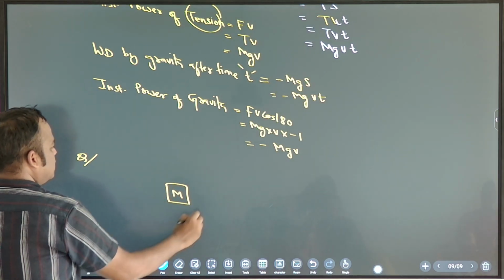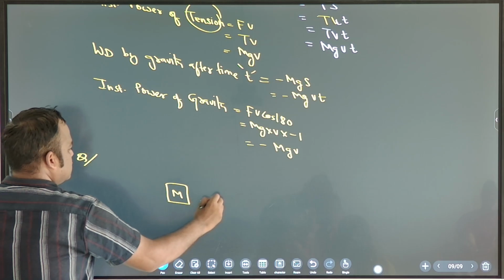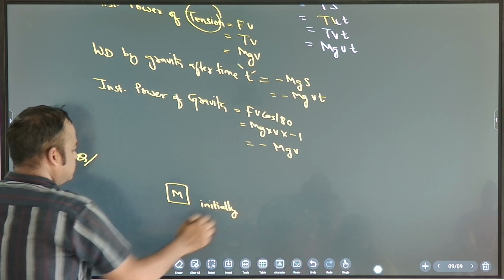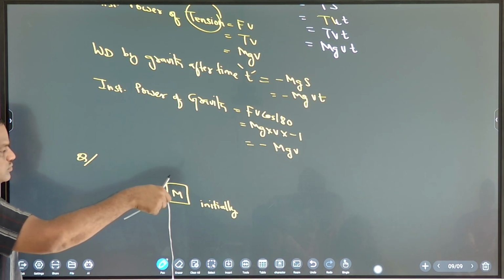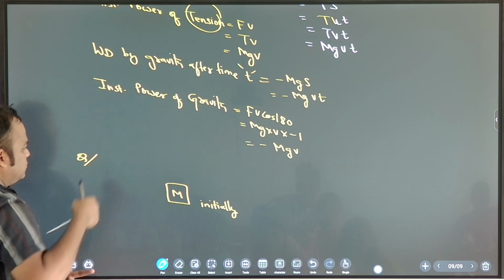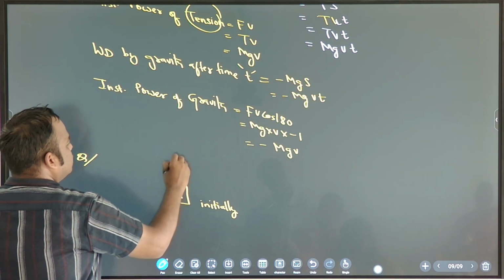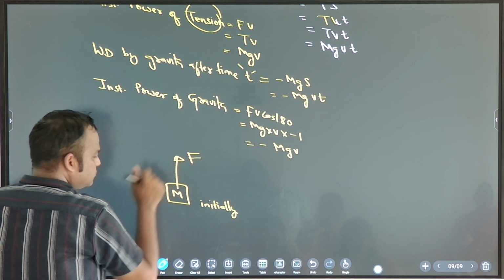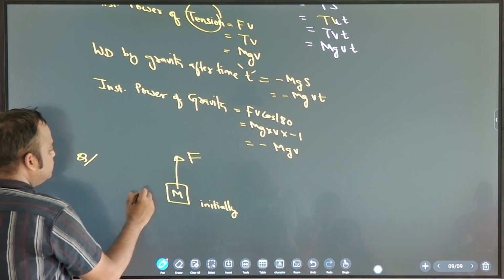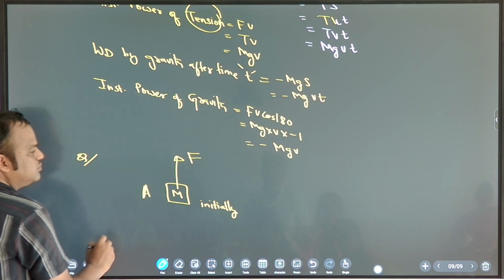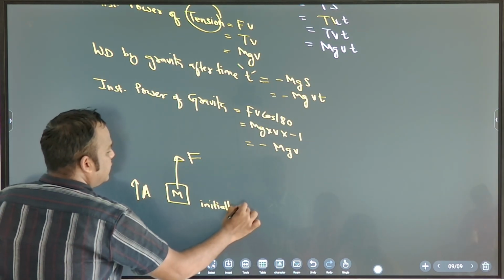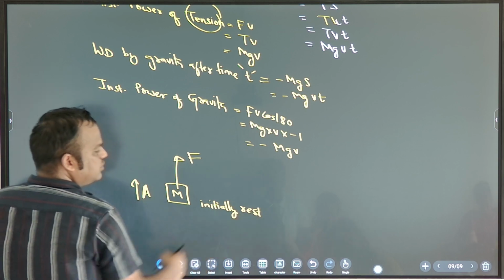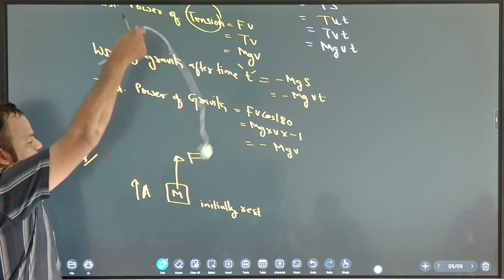Suppose the same block, I am pulling like this. What is the initial velocity? 0. Now I am pulling like this, so how much force am I exerting? F. And what is the acceleration? A. Initial velocity 0.